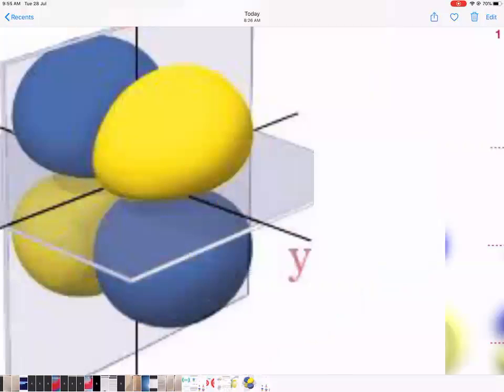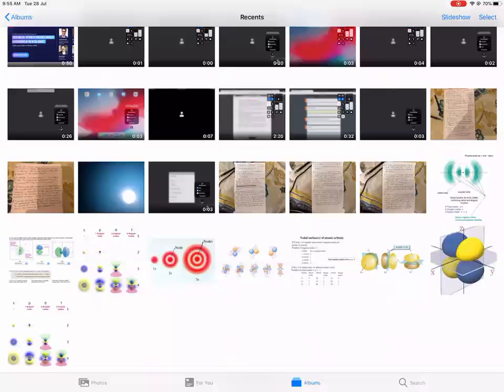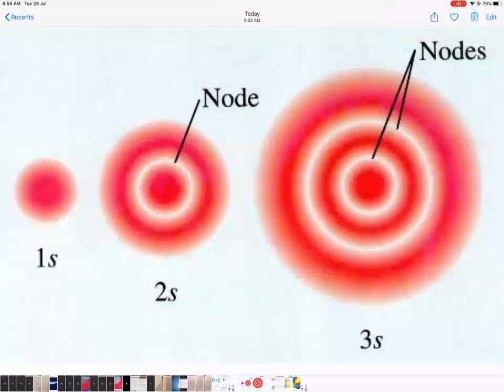Okay, now I'm going to show you the radial nodes. So these are the radial nodes. They look spherical. As you keep moving away, the probability of finding electrons in certain spaces becomes 0. Where does this come from? This comes from Sommerfeld's theory and from Schrodinger's theory.